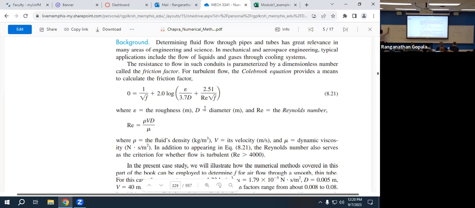This is like writing 0 equals 1 over square root of x plus 2.0 times log to the base 10 of epsilon divided by 3.7 multiplied by d. I'll call it a. It's a number. Plus I have b over square root of x. This is the equation I need to solve.